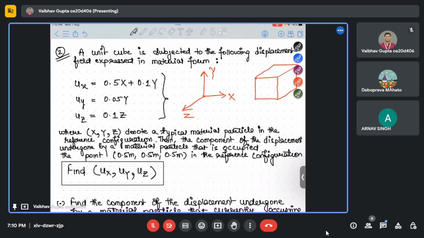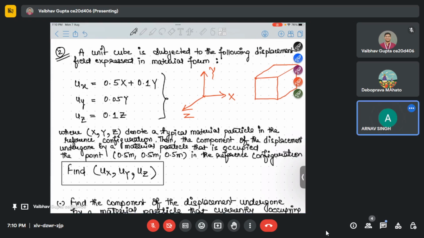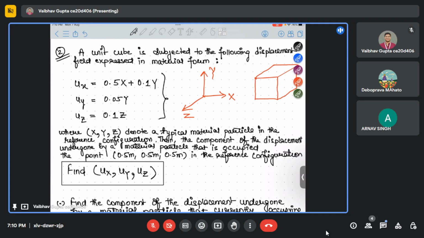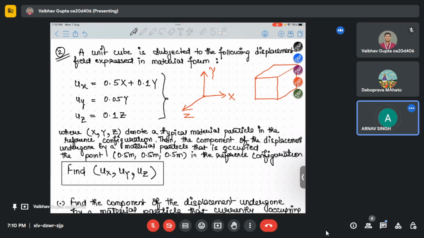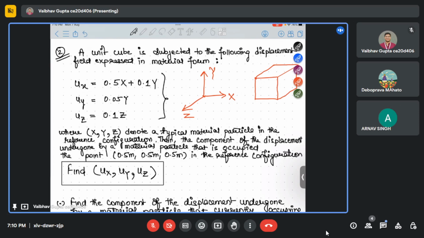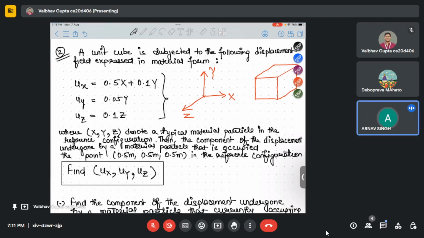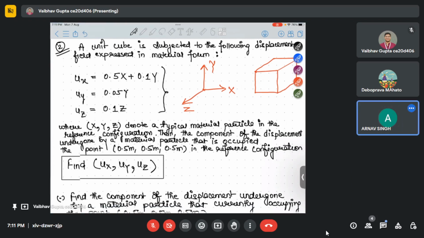Capital X, capital Y, and capital Z denote a typical material particle in the reference configuration. Now, the component of the displacement undergone by a material particle that occupied the point 0.5, 0.5 and 0.5 in the reference configuration, you have to find out. So what will you find out here?